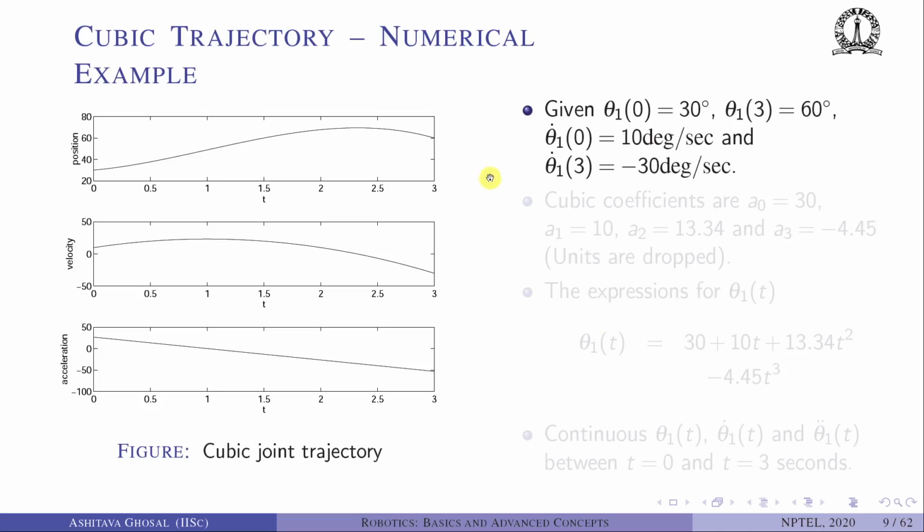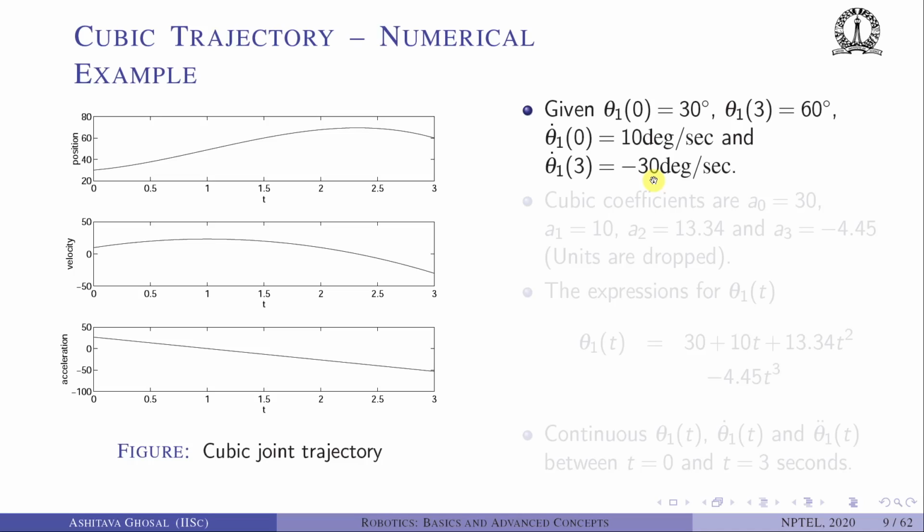As an example, let's consider that theta 1 at t equals 0 is 30 degrees, theta 1 at t equals 3 seconds is 60 degrees, theta 1 dot initially is 10 degrees per second, and theta 1 dot at t equals 3 is minus 30 degrees per second.